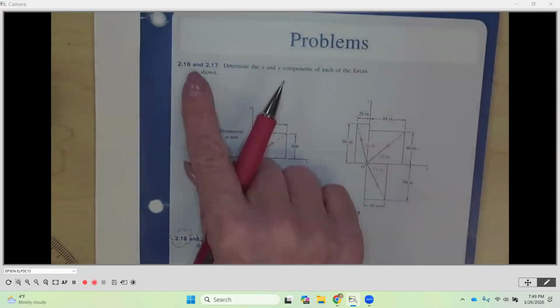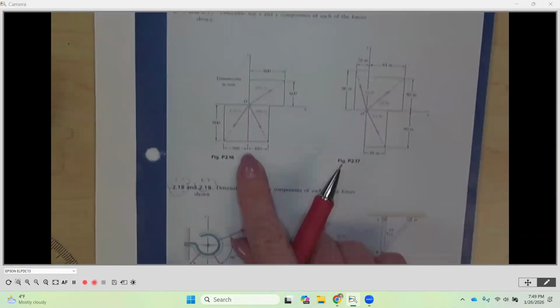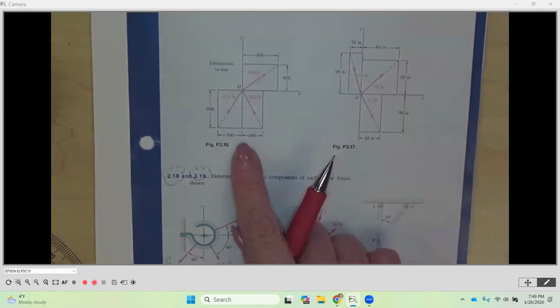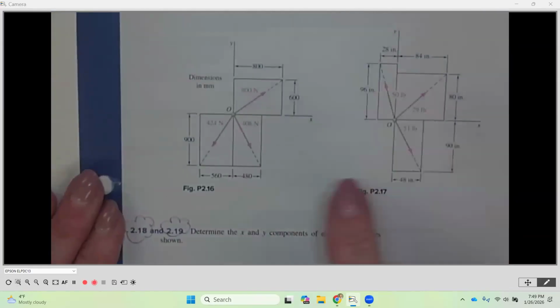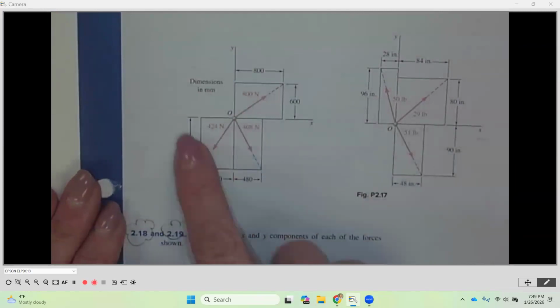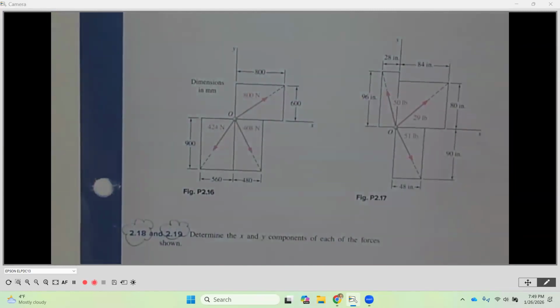Problem 216 is on page 35, and we are going to find the components of the three forces there, which will help us in the first steps of practice problem 224. Does that make sense to everybody? So we're doing part one of it.